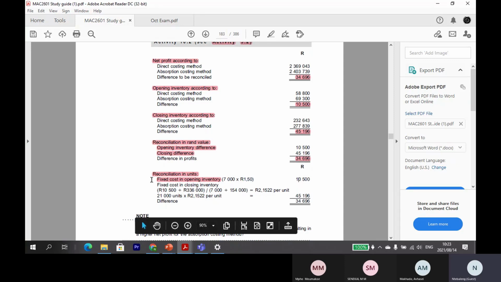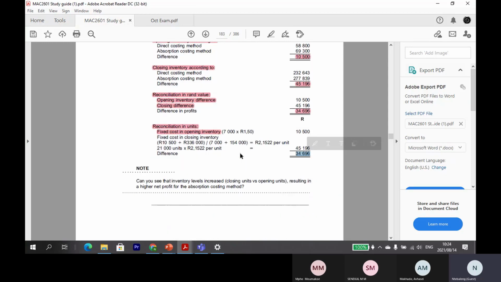You get your fixed cost in your closing inventory, it's that 10.5 from that, from what we were calculating. You get your cost, you divide it by the units, you get your cost per unit, and then you multiply it by the closing inventory, and then you get the amount, and then it gets you to the net profit.